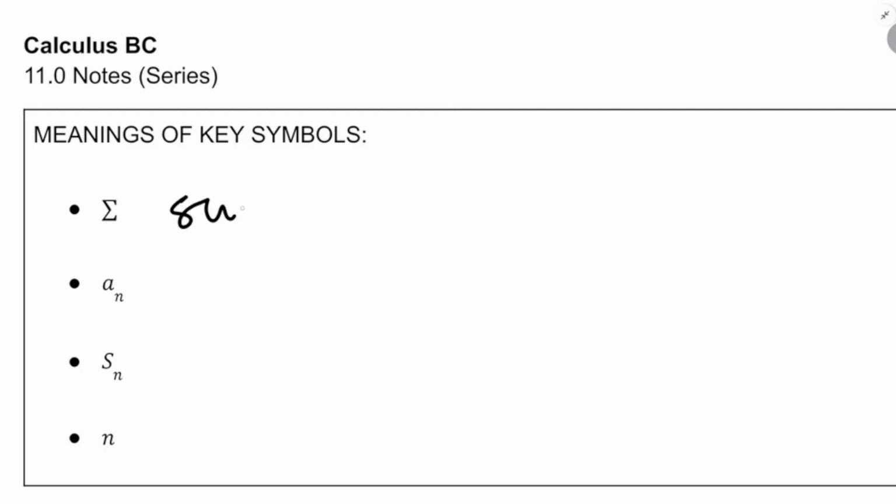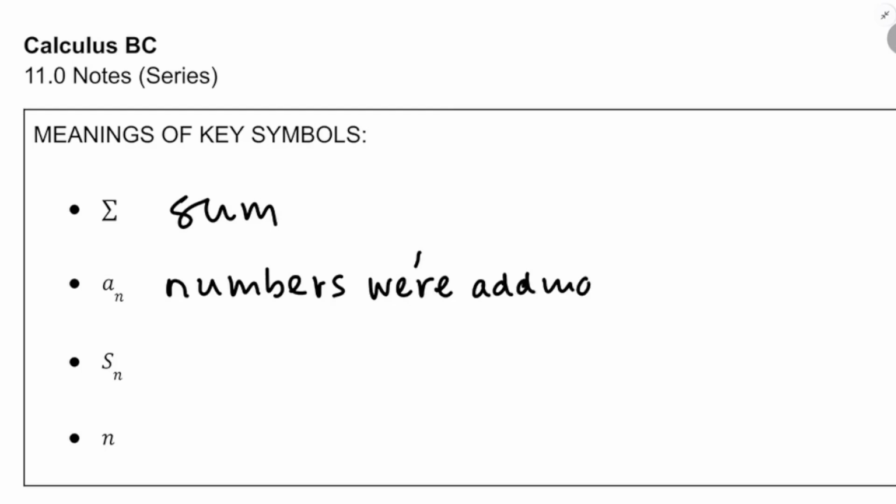Very nice. Okay. AN is the numbers we're adding. And I'll show you what I mean here in a second. Sn is less common in this course, but this kind of represents the total after adding n terms.